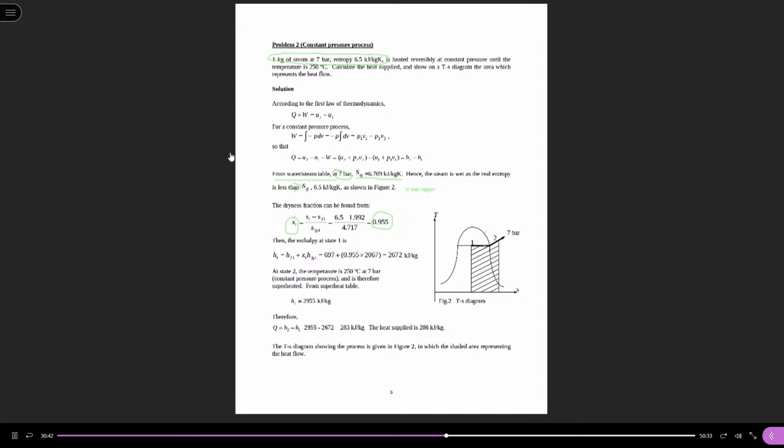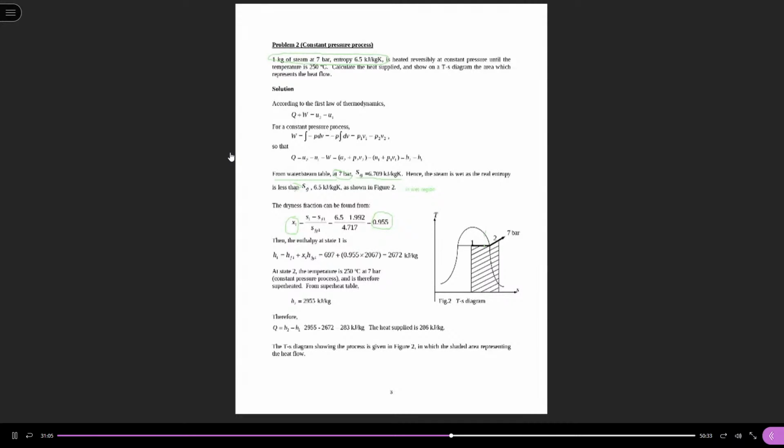And then we define state 1, we know it is in the wet region with the dryness fraction 0.955. And so it is heated reversibly at constant pressure until the temperature is 250.